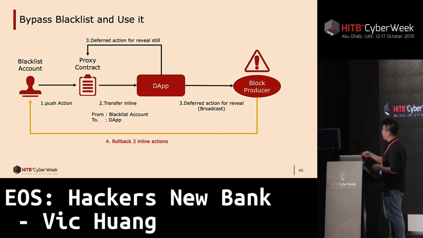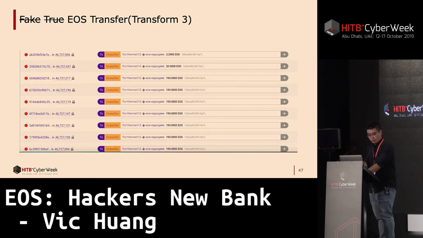So here's the thing: you don't have to pay anything, because your bet money inline actions will be rolled back, but you can still get the reward from deferred actions.